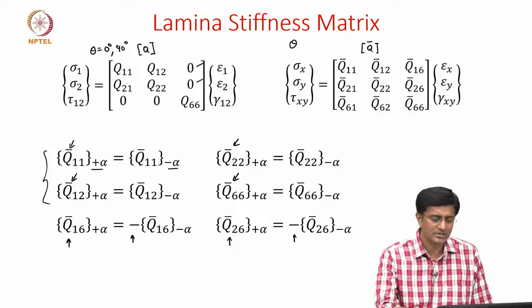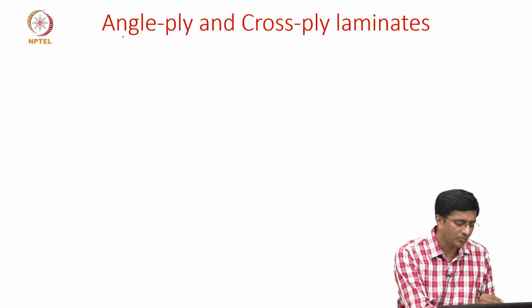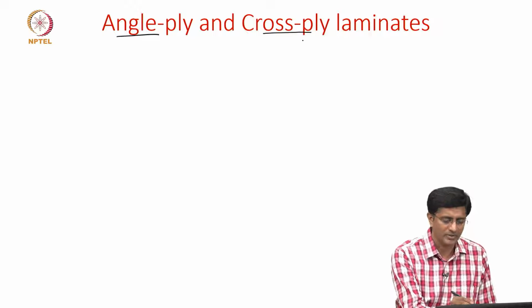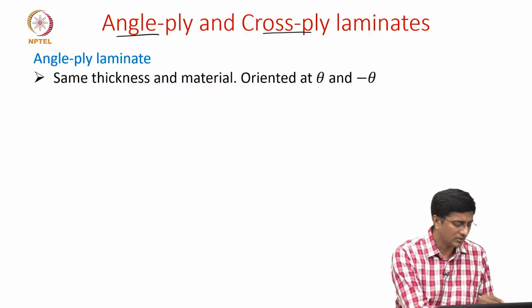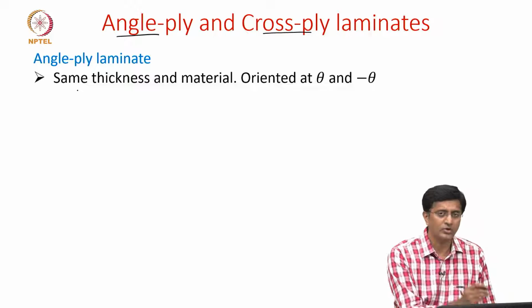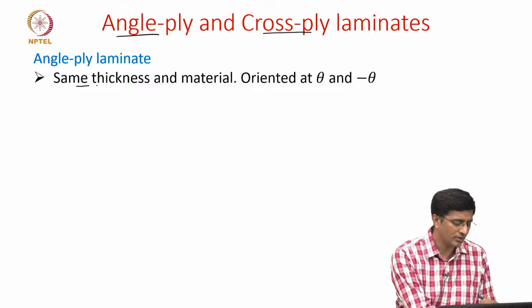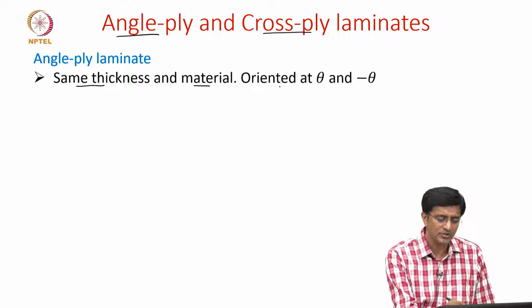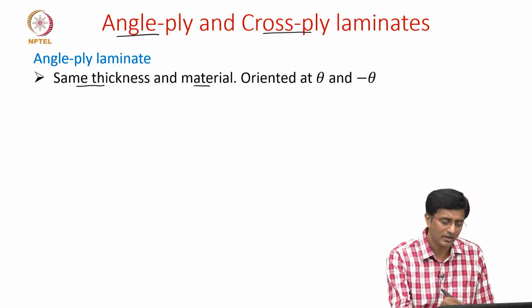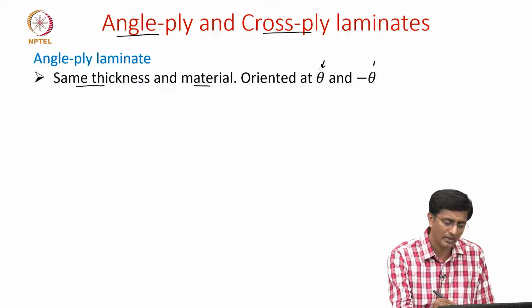Okay, so let's start with angleply and crossply laminates. First let's look at how they are defined, starting with the angleply laminate. Here we are talking about all laminas made of the same thickness and same material. The only difference is that they have only one angle, either plus theta or minus theta.